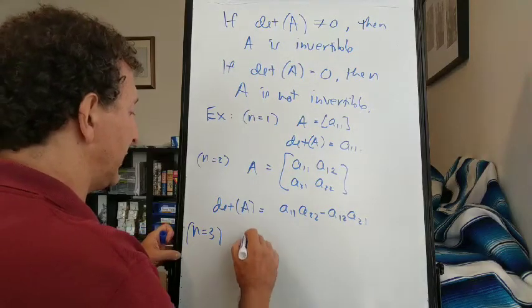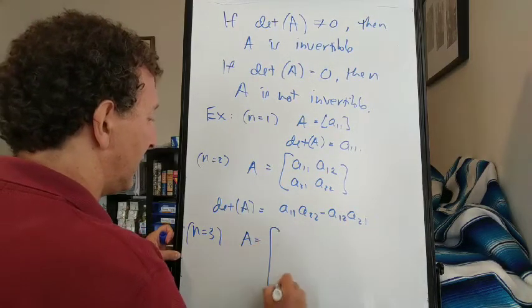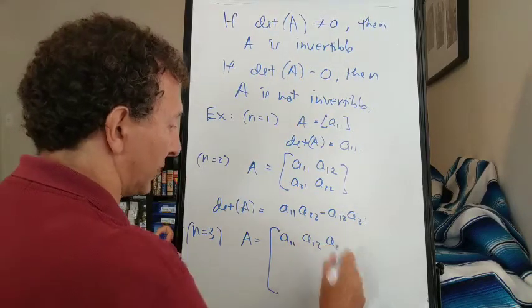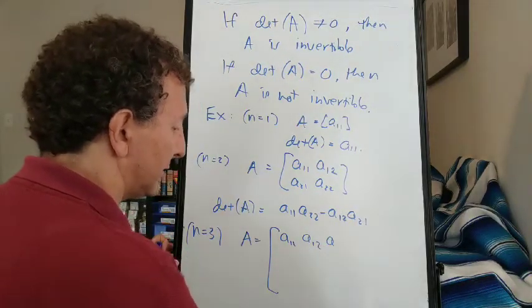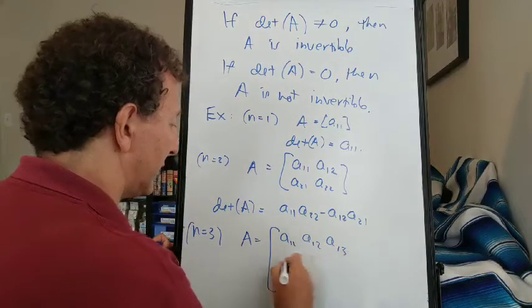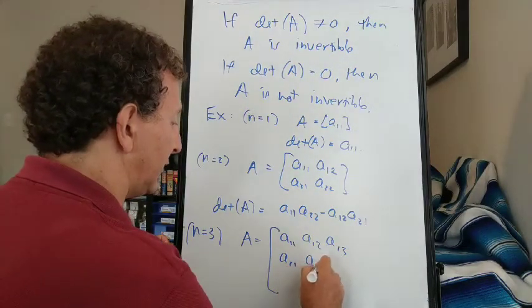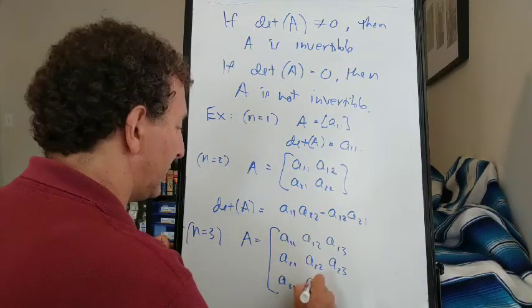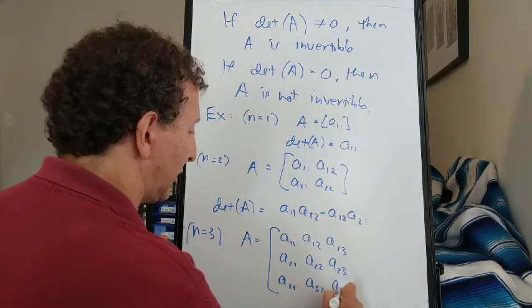For n equals 3, A is the matrix A11, A12, A13, A21, A22, A23, A31, A32, A33.